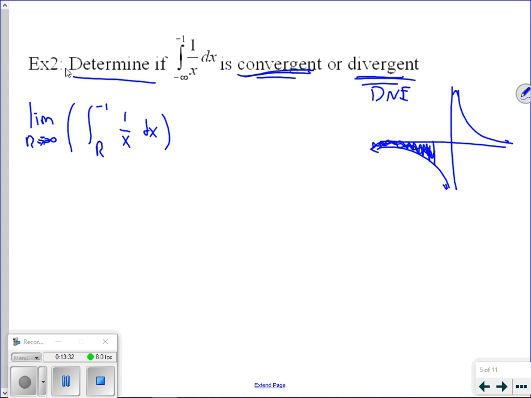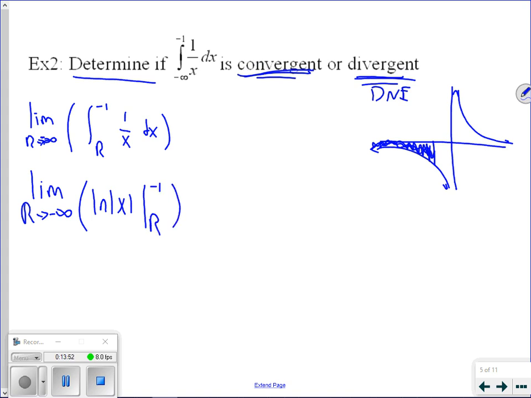Okay. Okie doke. So now let's integrate this. So we have the limit as r is approaching negative infinity, and the integration of 1 over x is the ln absolute value of x. We're evaluating from r to negative 1.